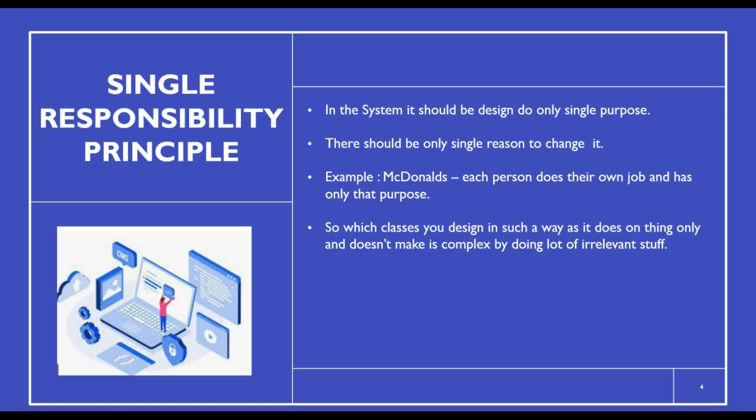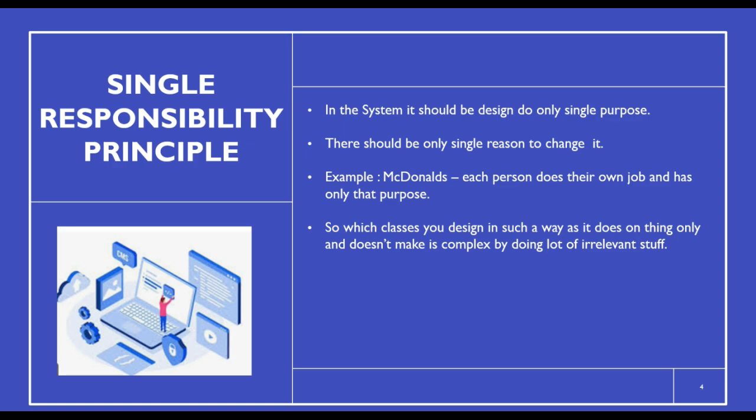For example, if you have gone to McDonald's, when you buy a burger or fries, each person is assigned a specific task. The person who takes the order does their own job. The person who prepares the burgers does their job, and they are aligned phase by phase.